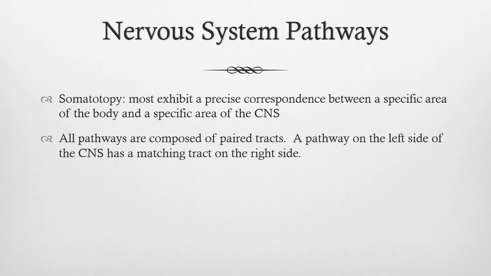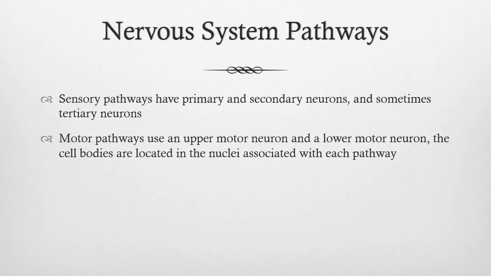On either side of the cord, we're going to have paired tracks. We're going to have information for the left side of the body and information for the right side of the body traveling on either side. As information travels up and down the cord, it's not a single neuron sending that information all the way from your skin up to the brain. There's going to have to be synapses.